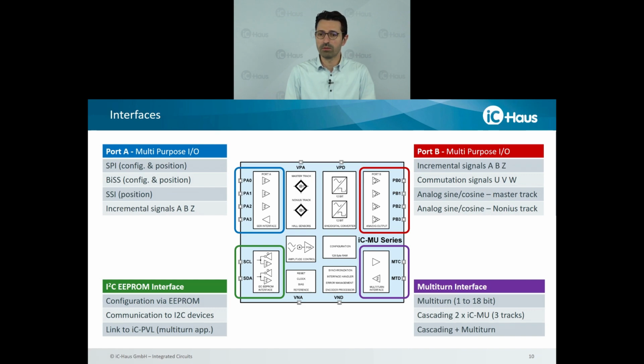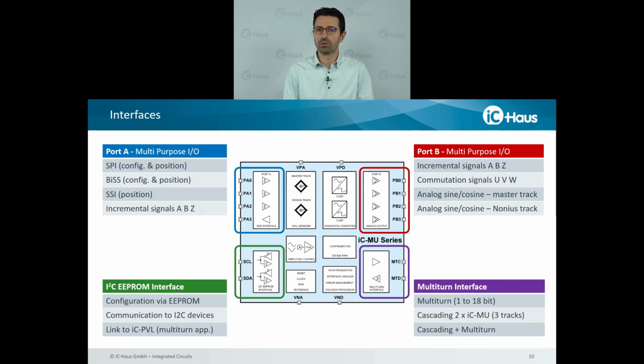When you would like to have the UVW signal on port B, you have the option to configure ABZ on port A to have both signals for motor commutation. All this configuration and calibration data is stored in an EEPROM, and this is connected via this I2C bus.